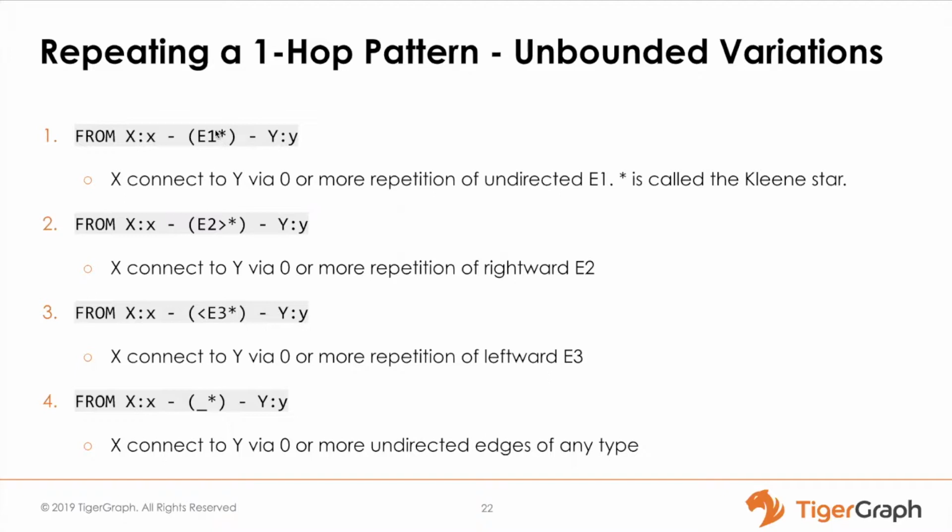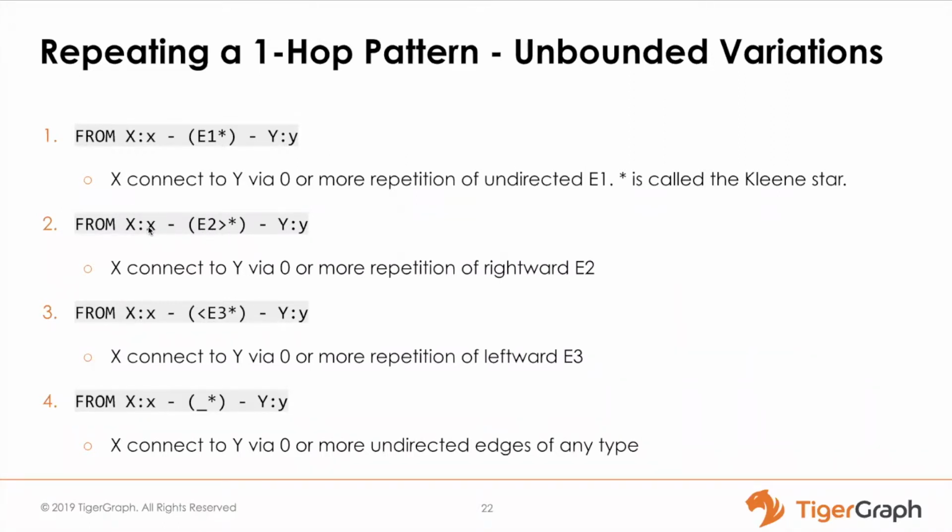Then I use a Kleene star here to the right of the undirected edge pattern, E1. So the semantic is X goes through E1 0 or more hops and reaches Y. I will give an example for each of these later on. The second example is rightward directed edge E2.